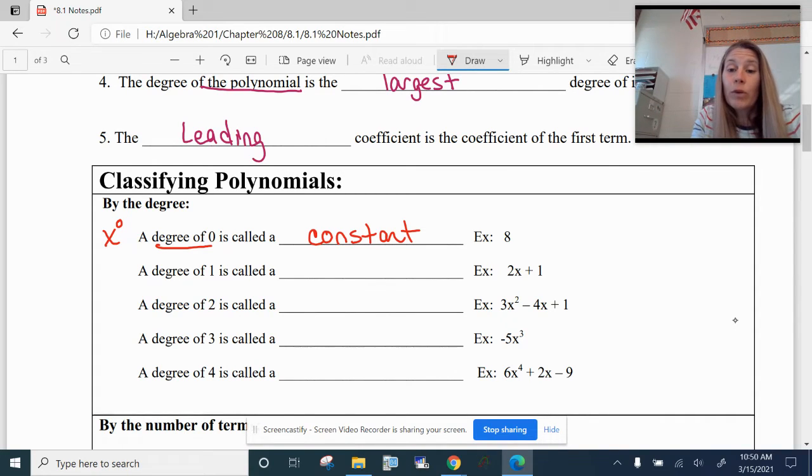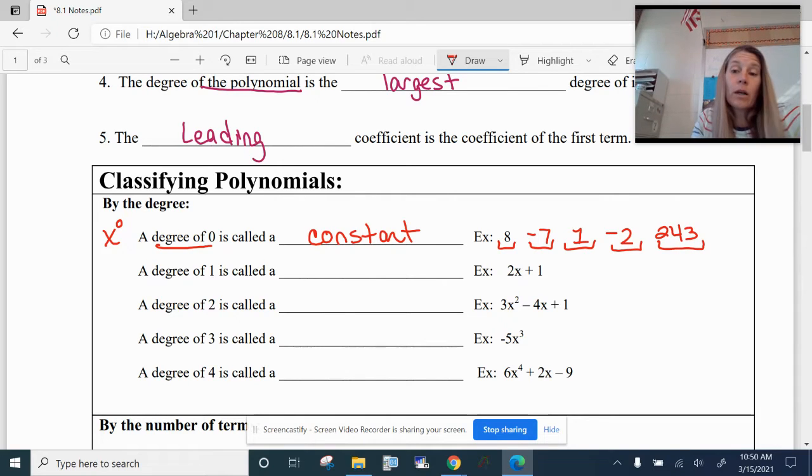So an example would just be 8, or 7, or -7, or 1, or maybe a -2, or maybe even 243. That would also be a constant. So notice all of these numbers, whether they're positive or negative, have no visible variable, and that's because all of them would have had a variable x to the 0 power, which turned into 1 and is no longer there.